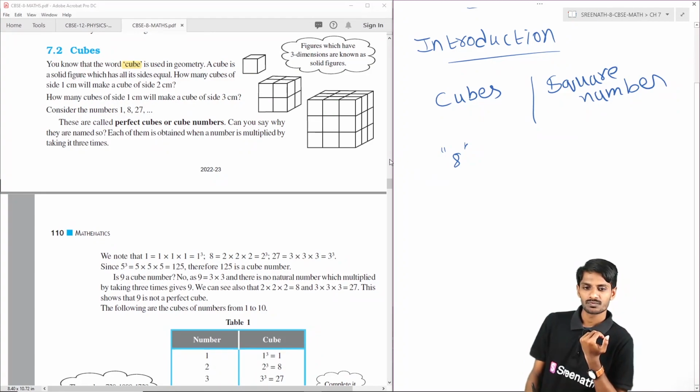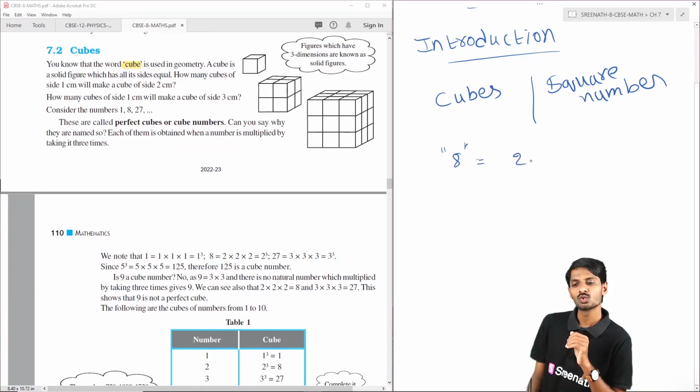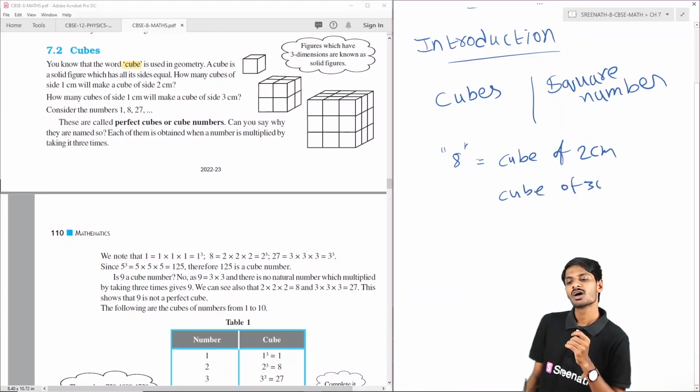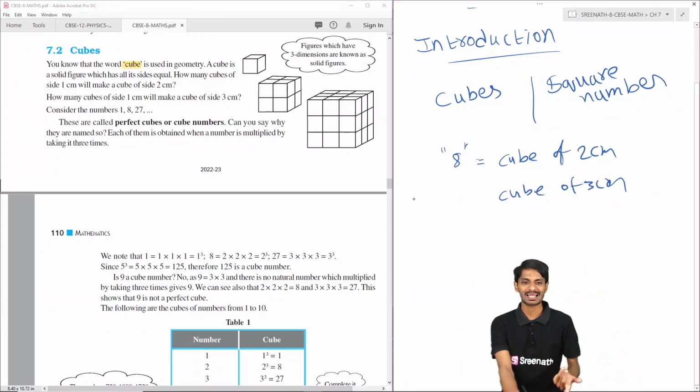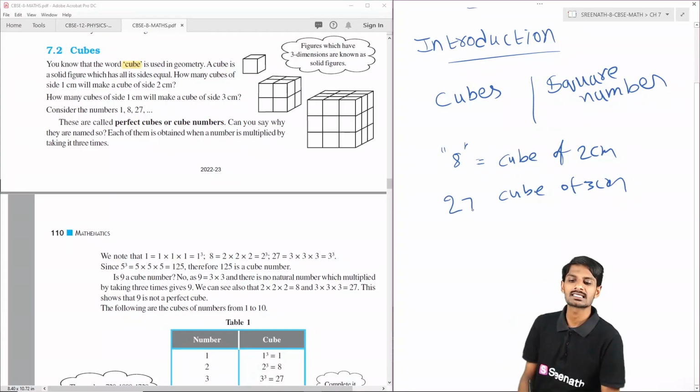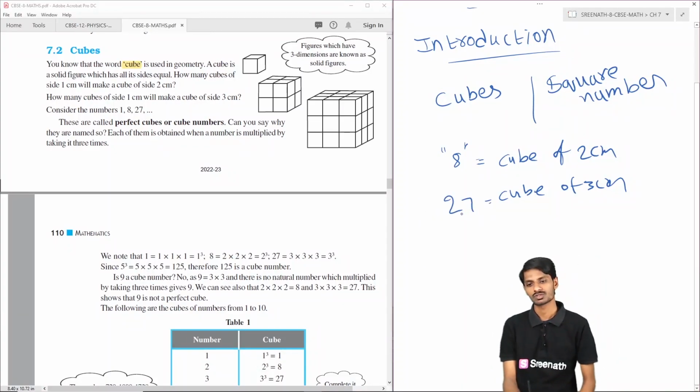Next thing, that was a cube of 2 centimeters. Suppose you want a cube of 3 centimeters, how many cubes? If you do the factors, it will become 27 cubes. You require 27 cubes.